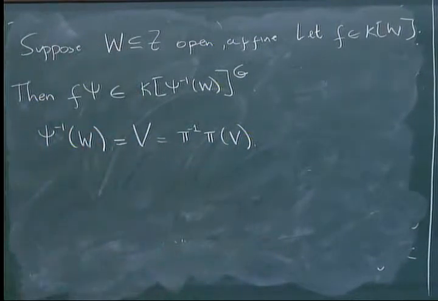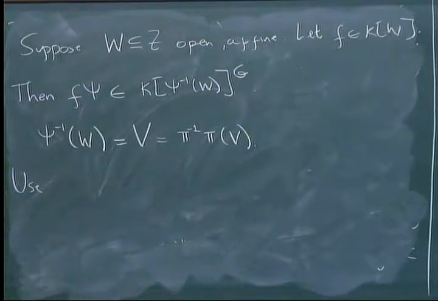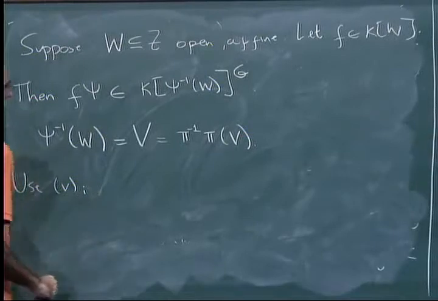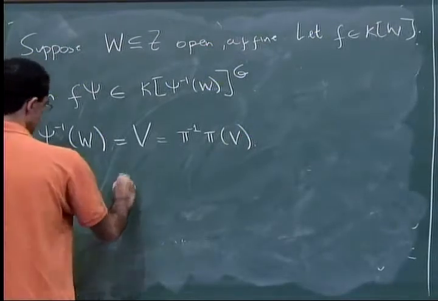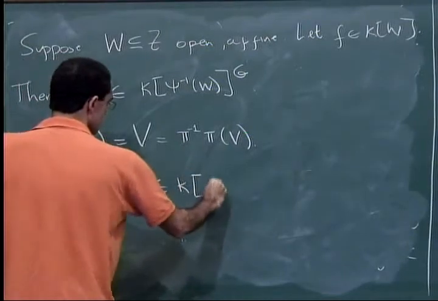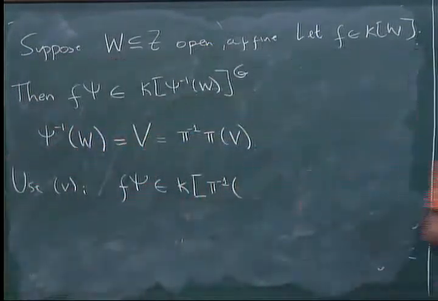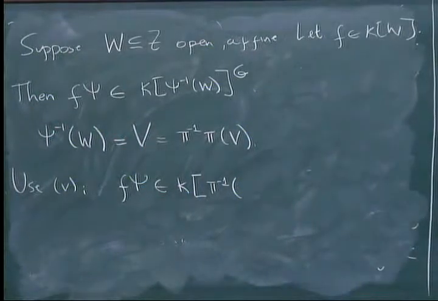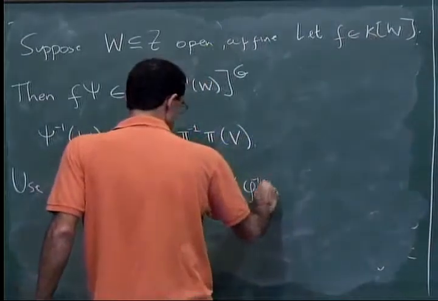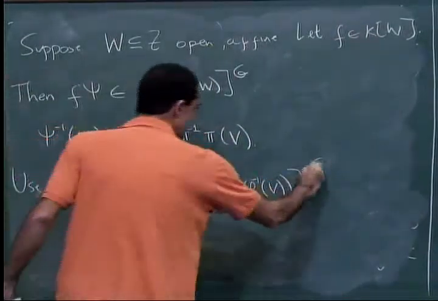Then we use phi. We use V. Since f of psi is in here, pi of V is just phi inverse of V. And it's invariant.